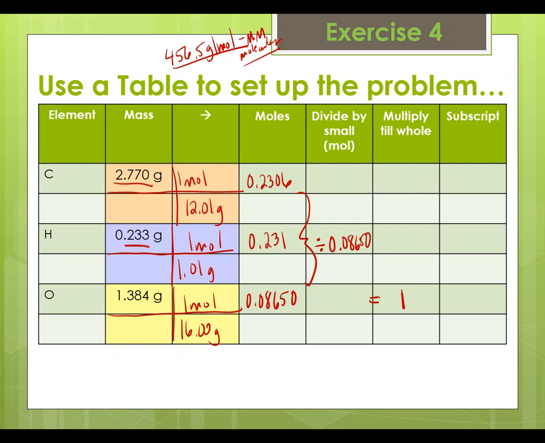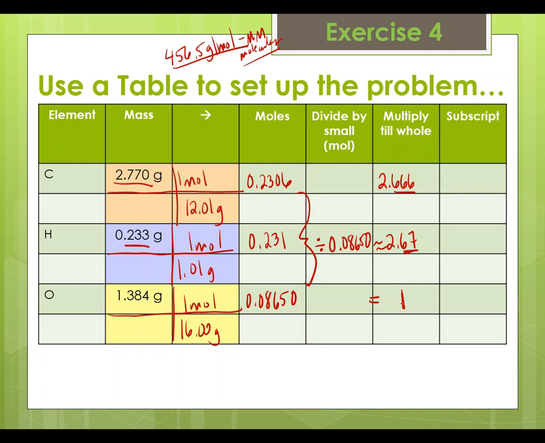That's pretty easy. 0.231 divided by 0.0865 is about 2.67. And then this one up here, 0.2306 divided by 0.0865, excuse me. And this one is 2.666.